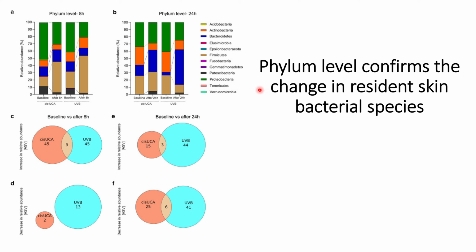In the previous video, we also checked the resident skin bacterial species using a different approach. So this phenomenon is confirmed by two different approaches, and seems to be real rather than an artifact of the experiments.